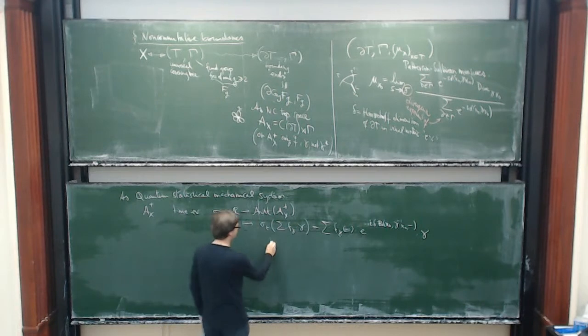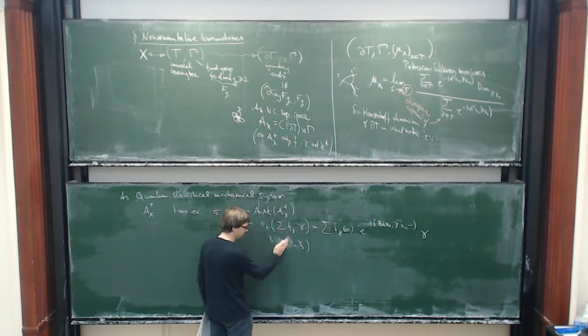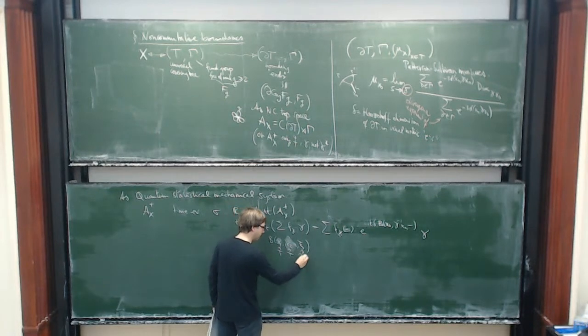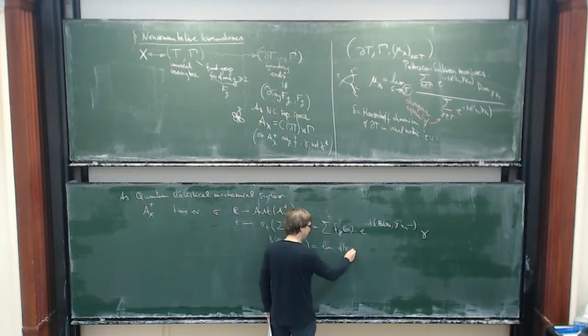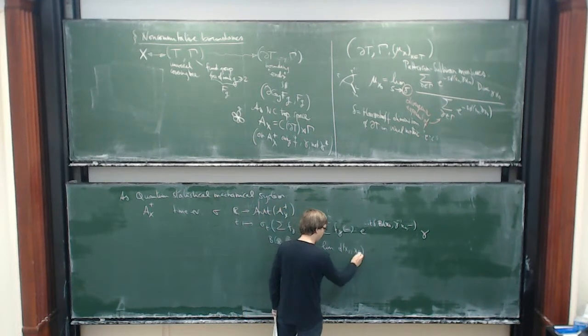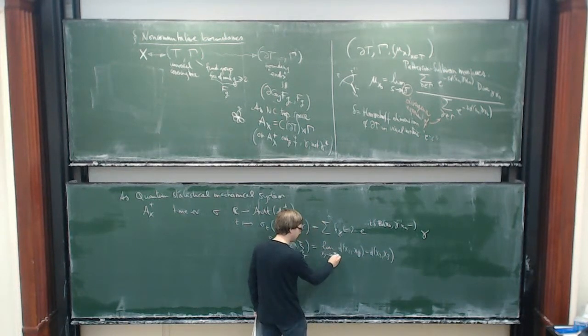Let me write down what this function is in general. You take two internal points in the tree, and this thing in the boundary. It's going to be the limit of the distance between the one and an auxiliary variable, the other and an auxiliary variable, and this auxiliary variable should tend to this boundary element.